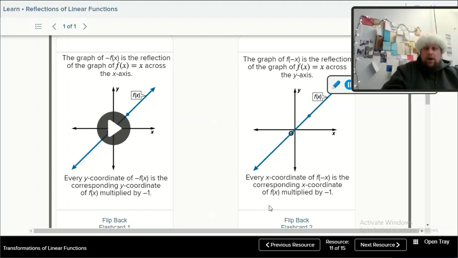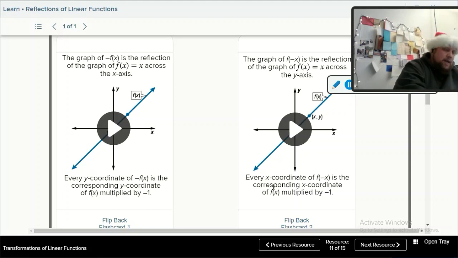So see how when we don't group the negative with the x, it's across the x-axis. It goes from x, y to x, negative y. When we do group the negative with the x, then it's a flip across the y-axis, and it's going to go from x, y to negative x, y.